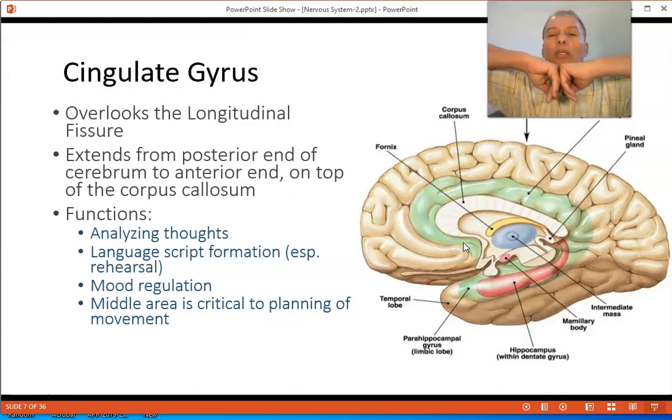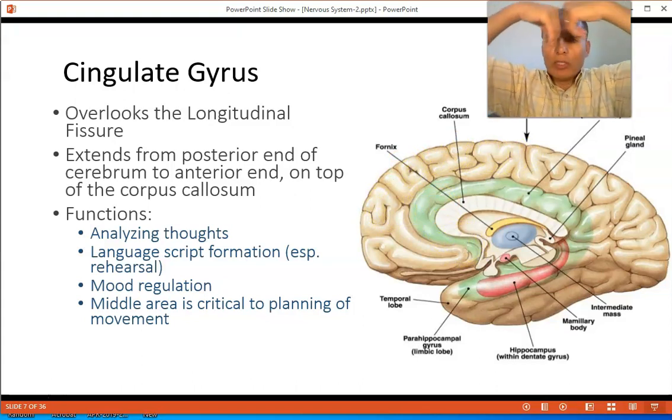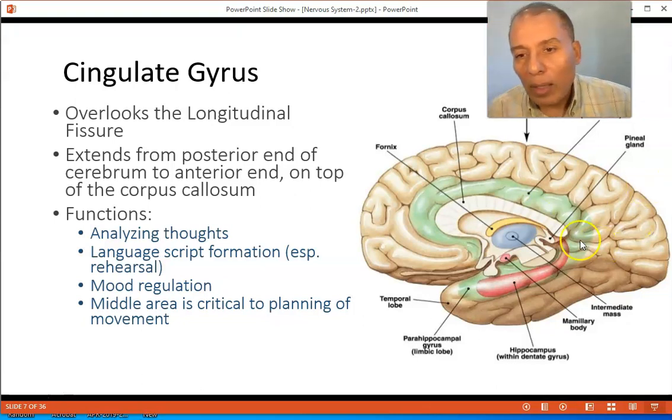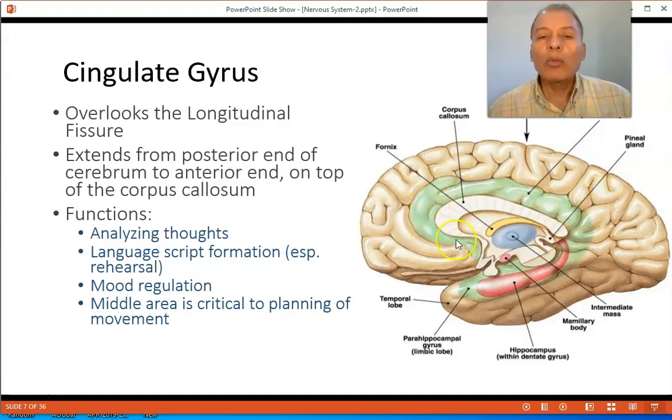When you open the longitudinal fissure between the two hemispheres, you are going to see that gyrus extending from the posterior inferior end of the parietal lobe all the way down to the prefrontal cortex, and it goes right above that white structure, the corpus callosum.